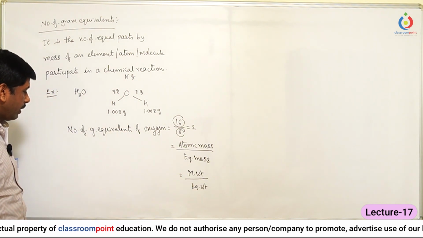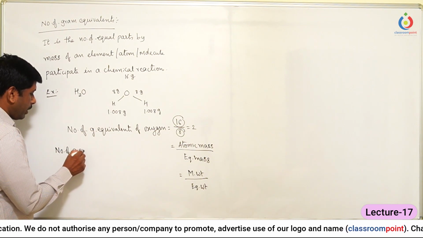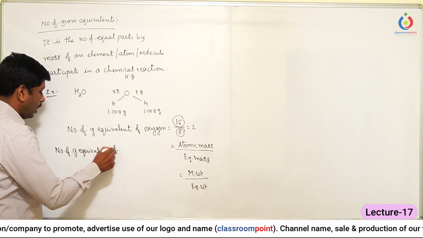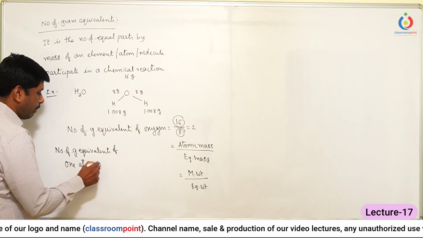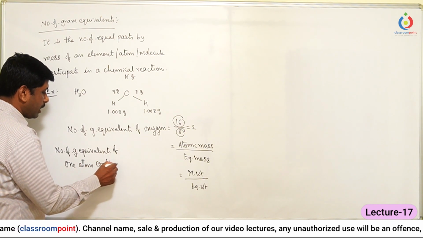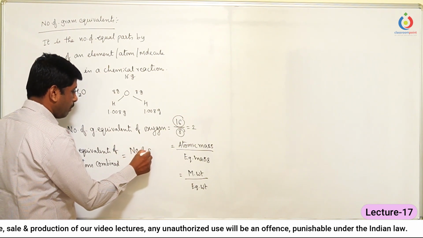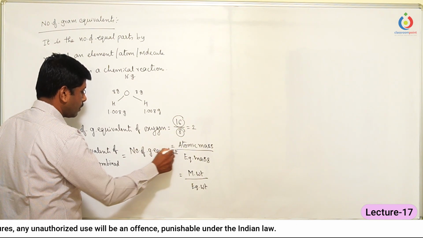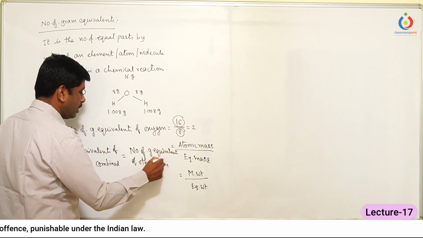So here we can write that the number of gram equivalents of one atom that participates in the reaction is equal to the number of gram equivalents of the other atom that participates in the same reaction.